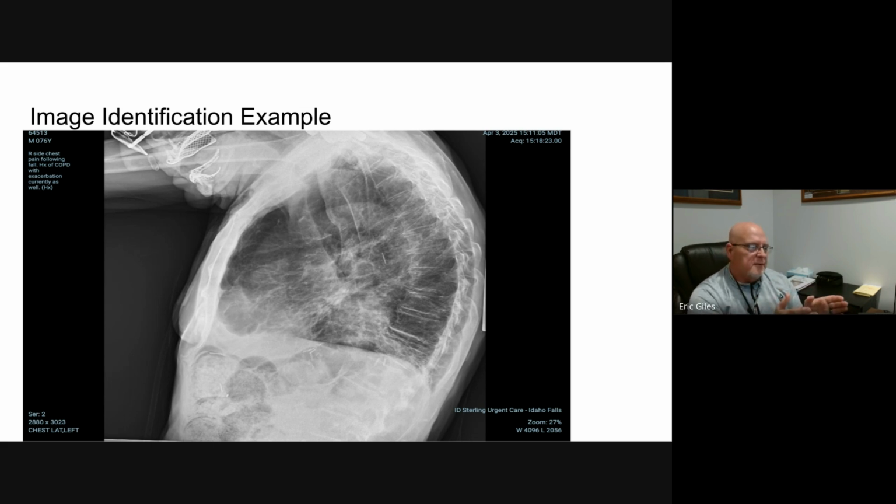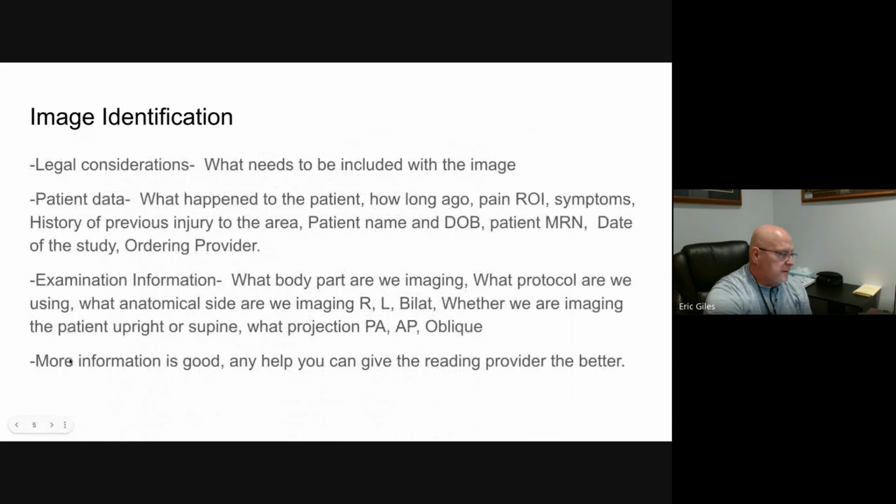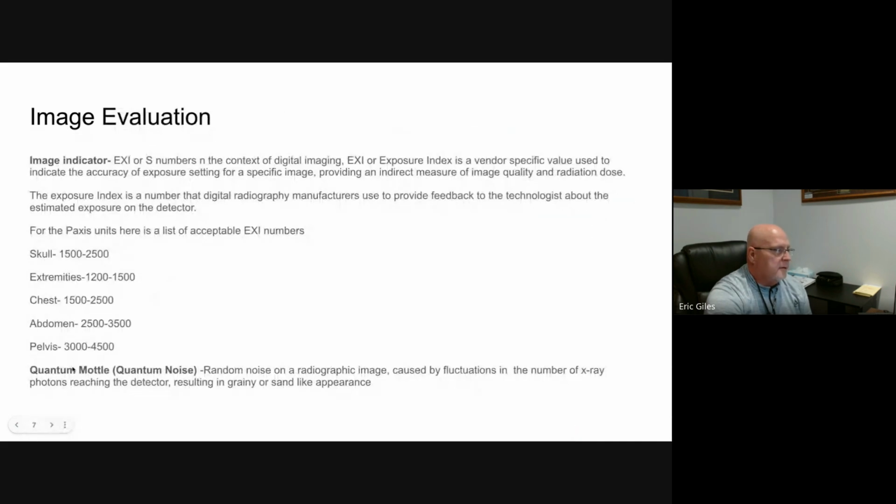This image right here, the way it's constituted, is at a width of 4096 and a length of 2056. And down here it just says what we're imaging, which is the chest, left lateral. Okay. All right. Anyway, good job on that image, whoever did it.